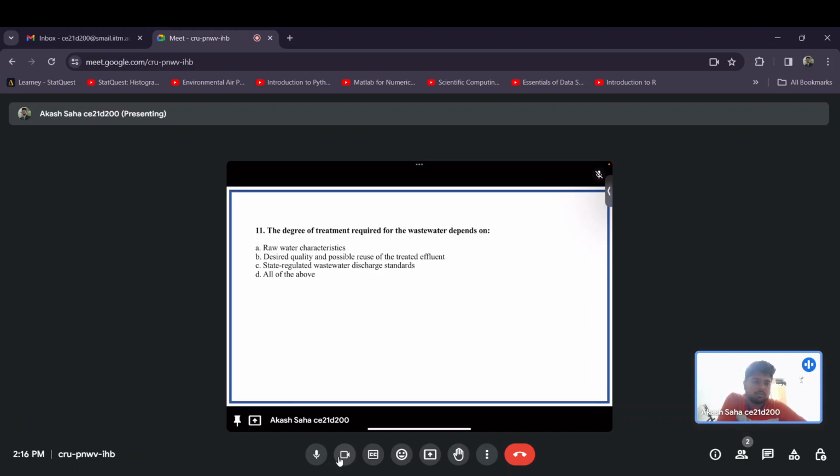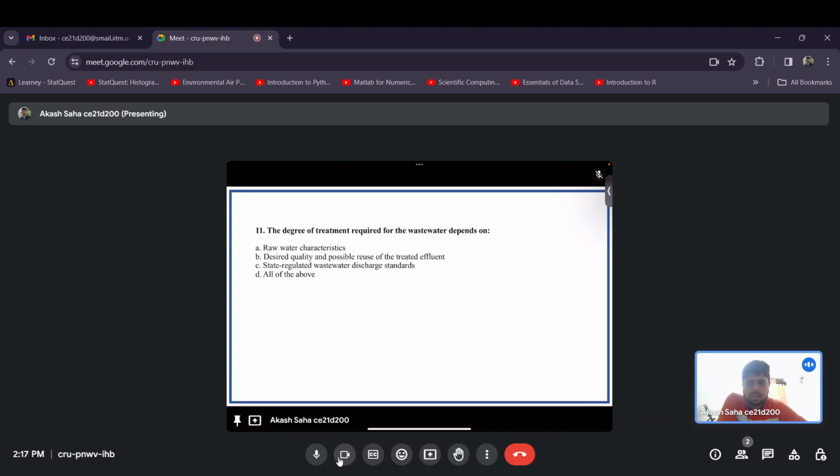The quality will depend on how I am going to reuse the wastewater, whether I am going to discharge it in the river or in the groundwater, or utilize it again for agriculture or for flushing. So in various scenarios, my level of treatment will change.